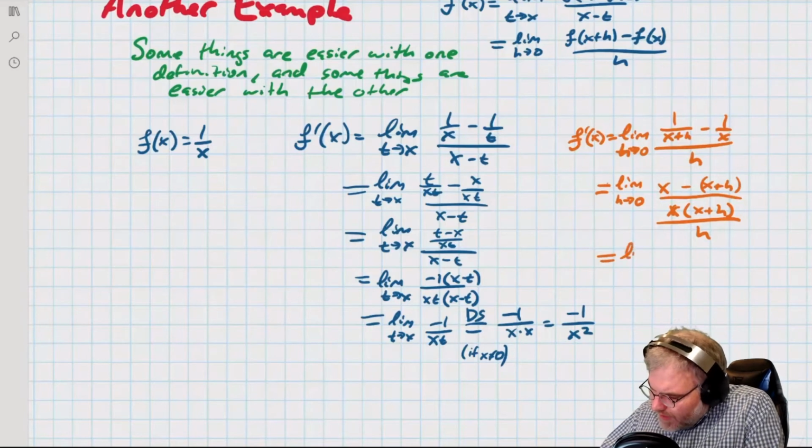And that becomes the limit as h goes to 0. These x's are going to cancel. I would wind up with a negative h on the top, and I wind up with an h times an x plus h on the bottom.